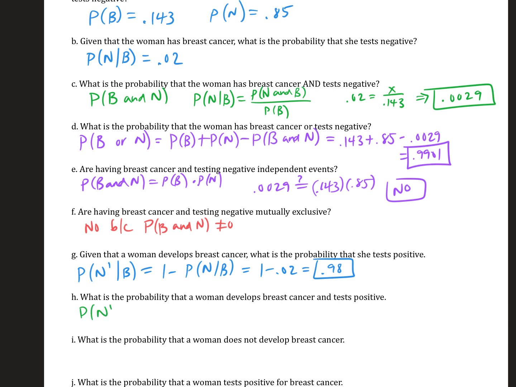Probability of N complement given B is the probability of N complement and B divided by probability of B. So we have what we just found, 0.98 equals X over, is it 0.85? No. Oh, wait, time out, sorry. 0.143. Sorry, I had the wrong number in my head, and I couldn't find it. So we get 0.140.